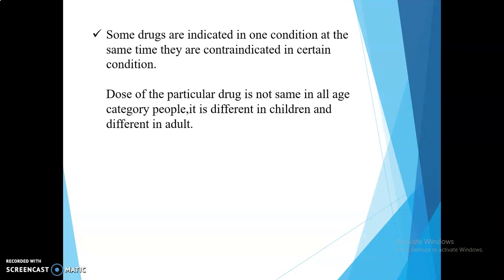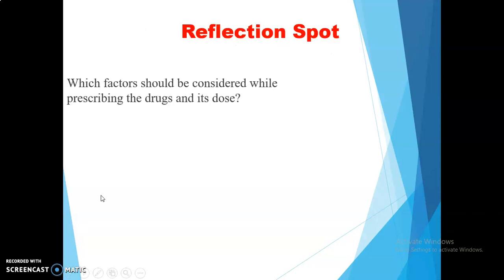Some drugs are indicated in one condition and contraindicated in another condition, and the dose varies in different categories of people. So time to reflect. Reflect on this question: which factors should be considered while prescribing drugs and their dose? So pause the video, think on this question and write the answer in your notebook.